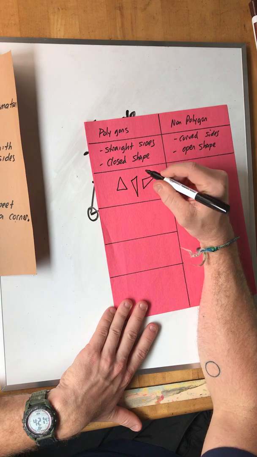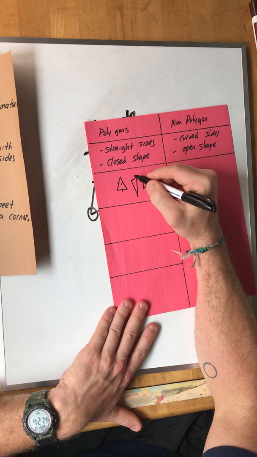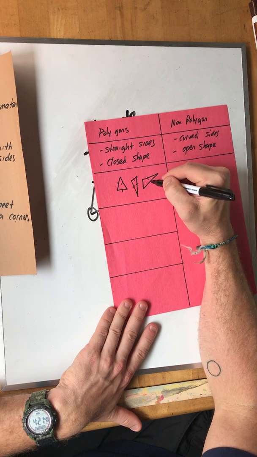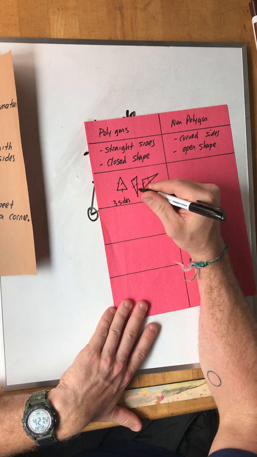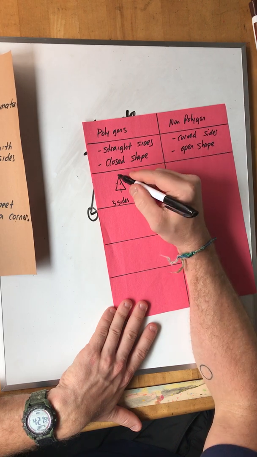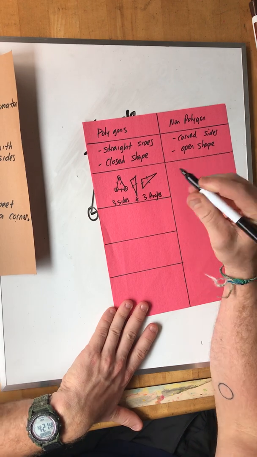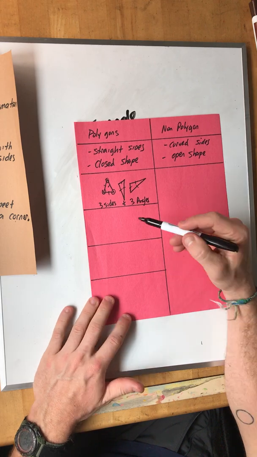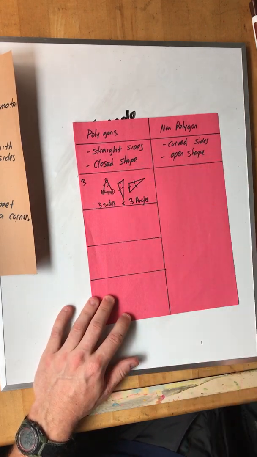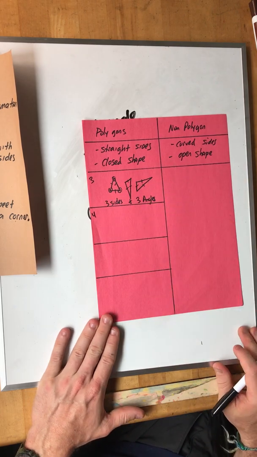All of my triangles have 1, 2, 3 sides and 3 angles. Now we're starting our chart. This was 3.